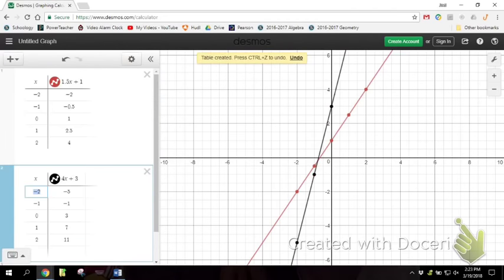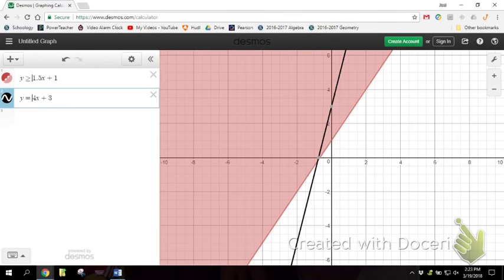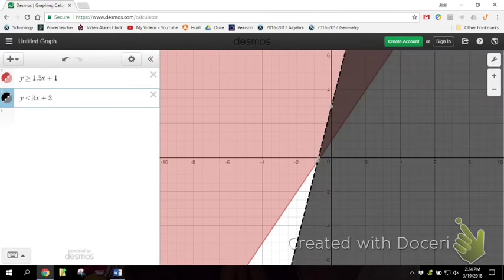Do the same thing for the second one. So there are my ordered pairs. Once I get my ordered pairs, I can graph the shading and figure out whether it's a dotted or solid line. When I do that, I can switch these back. This is a greater than or equal to sign, and this one is a less than sign.